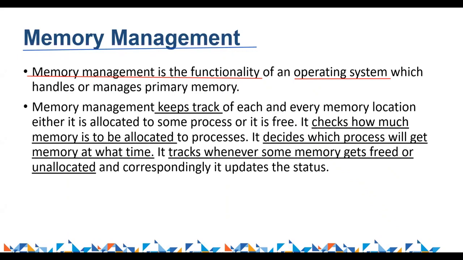That's why we say that memory management is the functionality of an operating system which handles or manages primary memory. Specifically in this chapter, we will focus on primary memory. Primary memory means our RAM, which is also known as main memory.